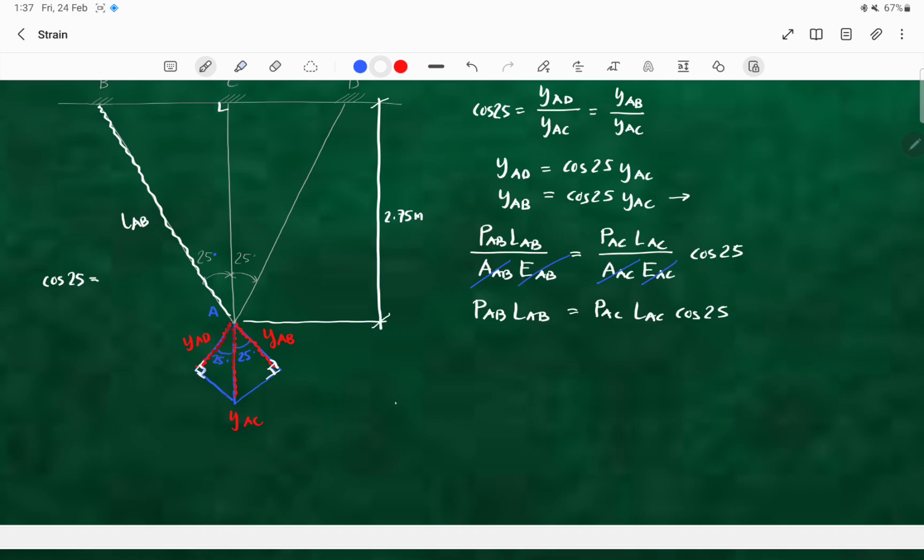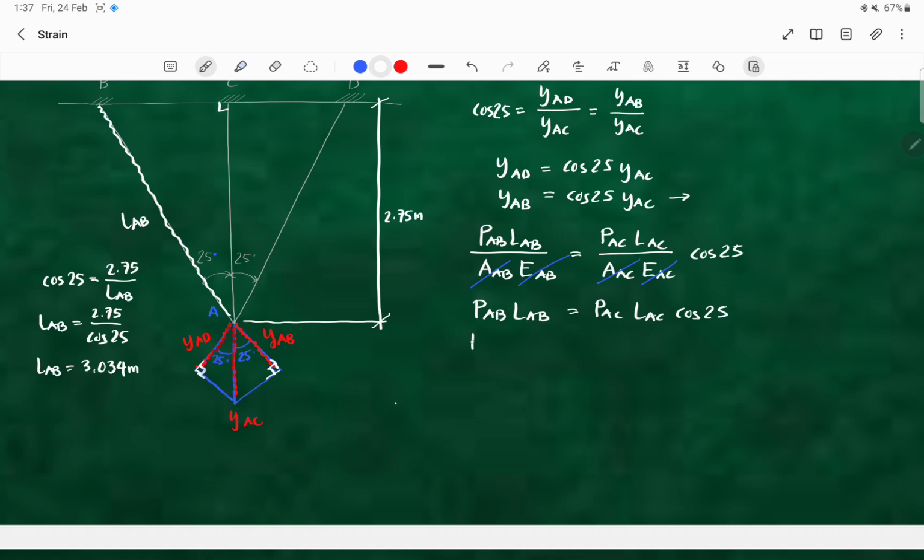So yan yung magiging adjacent. And then yung hypotenuse is itong length ng AB. So thus yung length ni AB is 2.75 over cosine 25. So, length ni AB is equivalent to 3.034.